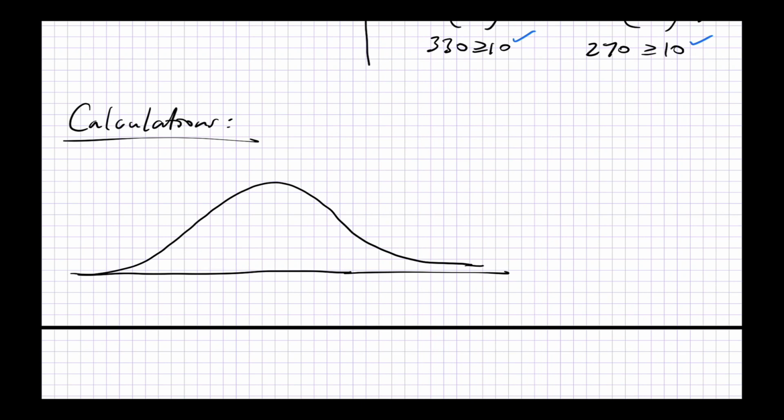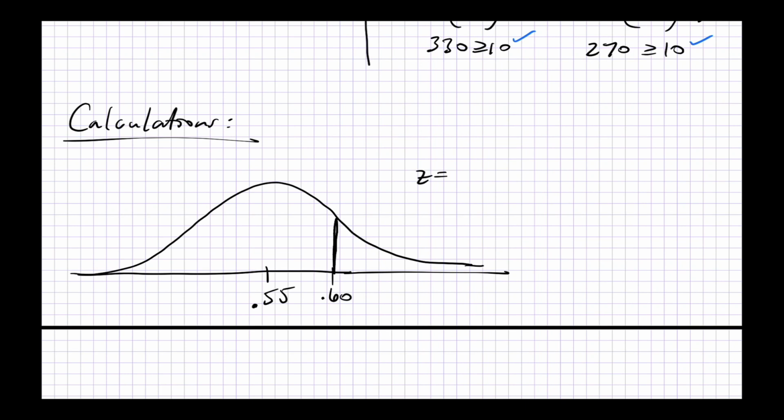For hypothesis tests, you always need a picture. So what's the middle of the curve going to be? There you go. Our p hat is the one we graph. So our p hat was 0.60.